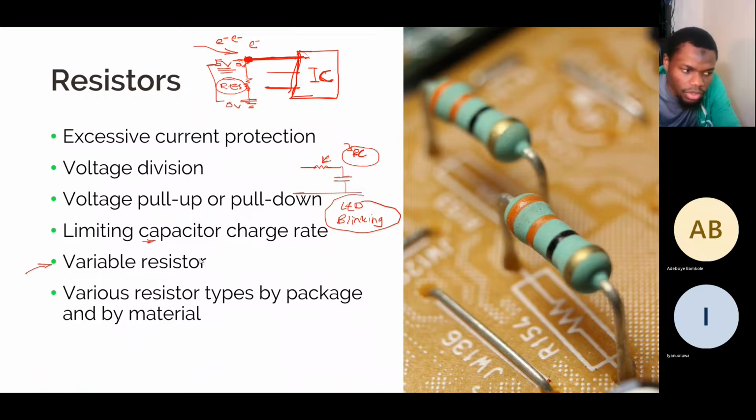Another application of variable resistors is a temperature set point for a temperature controlled system. Maybe you have a temperature controller, the control part looks like this, with a gauge that reads 10, 20, 30, and 40.